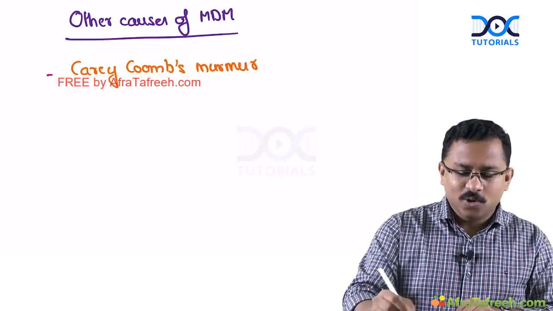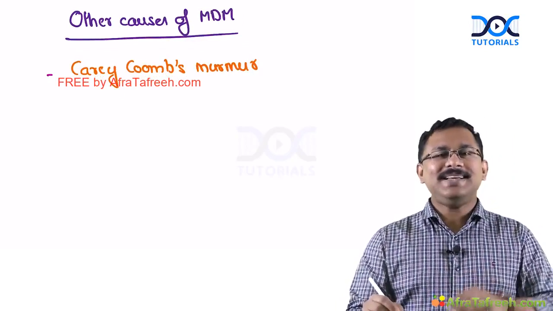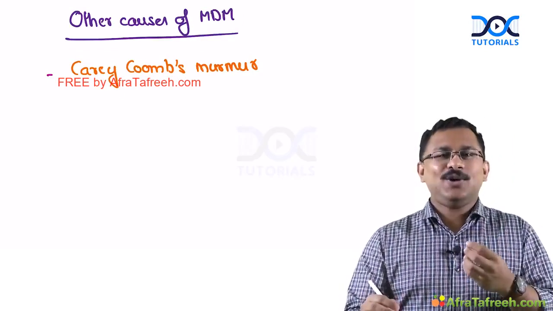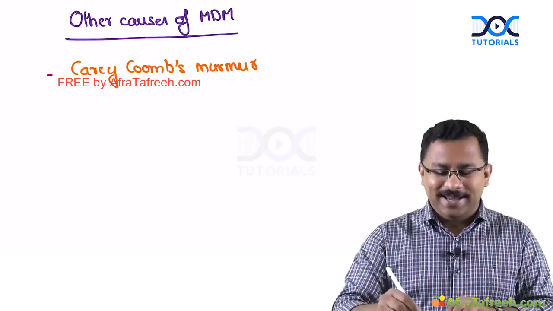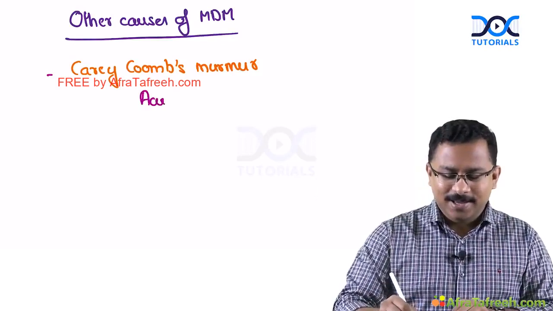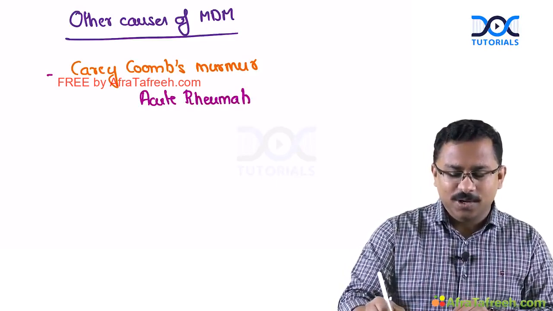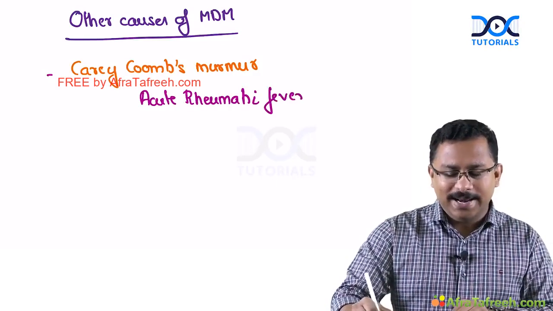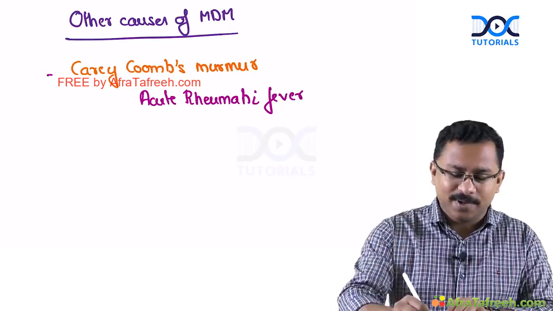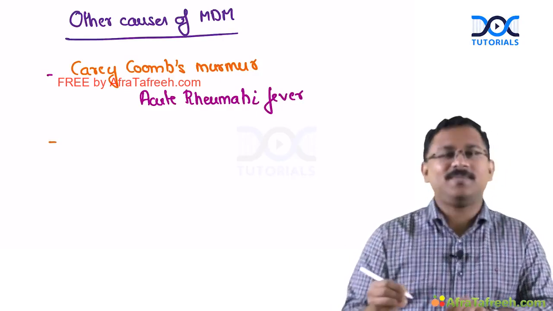This Carey-Coombs murmur is a murmur related to acute rheumatic fever. Remember, I am not talking of rheumatic heart disease, I am talking of acute rheumatic fever. You can have a mid-diastolic murmur, which is the Carey-Coombs murmur.